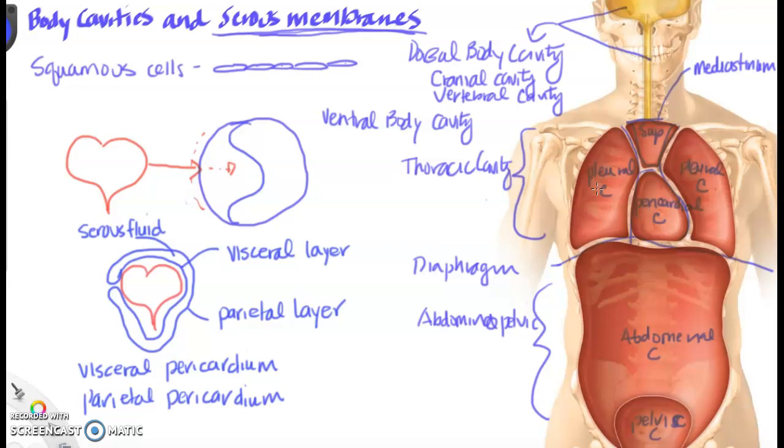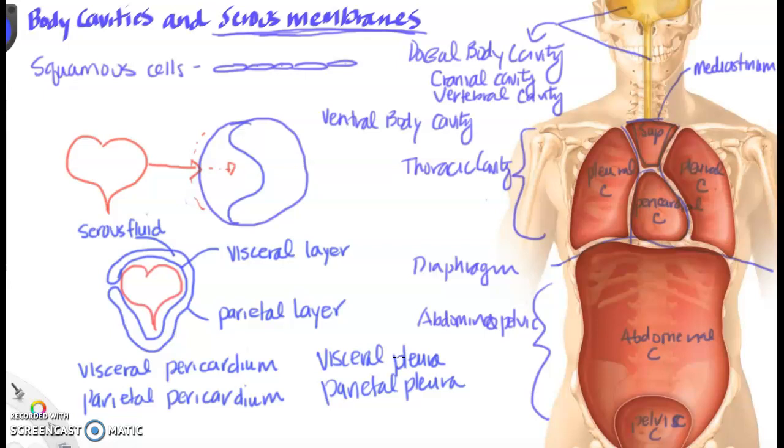The outer layer is called the parietal pleura. Okay, so we have visceral pleura, parietal pleura, and it's the same thing. The visceral one is against the lung. The parietal one is against the cavity.